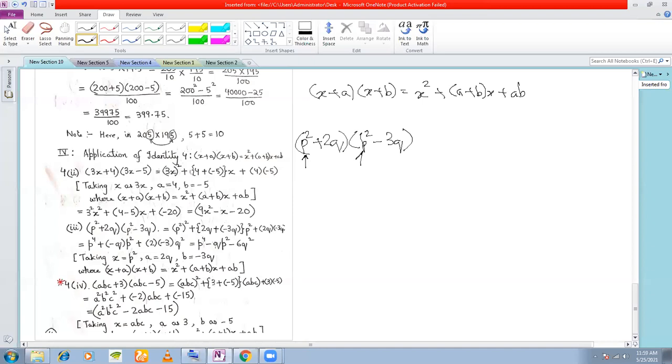Now see, x and x match here. What is the value of a here? A here is 2q. But here I have a minus sign, right? So what will I do? I will write this as p square plus 2q because this is x plus a. So this is okay. And here I have x plus b. When I write, I'll just give a curly bracket here.